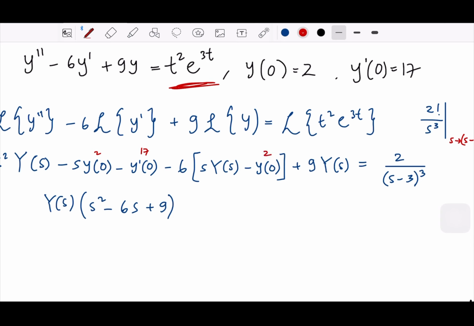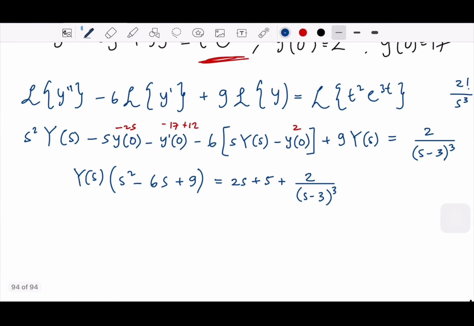Okay. So this is negative 2s, negative 17. Negative 6, negative 2 is plus 12. So negative 17 plus 12 is negative 5. So we are going to have 2s plus 5. We move to the right side. And then plus 2 over (s minus 3) cubed, right?